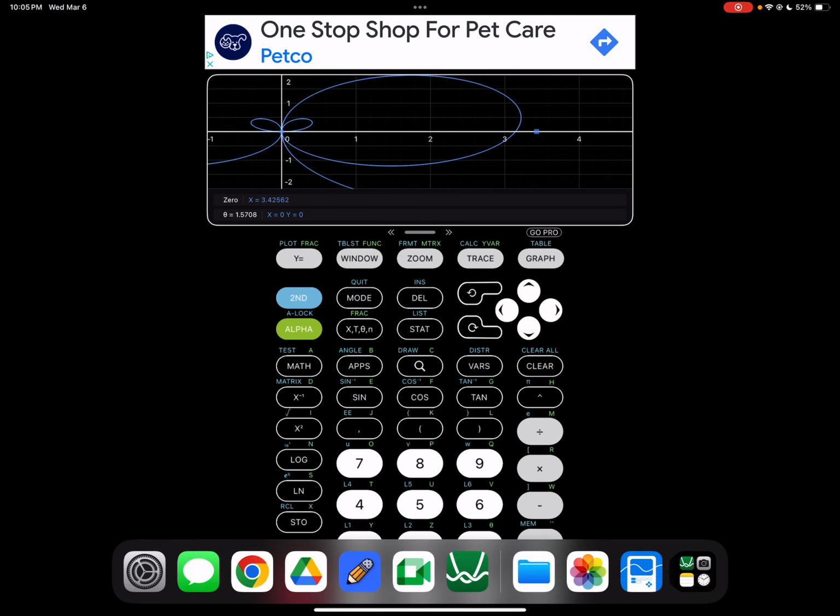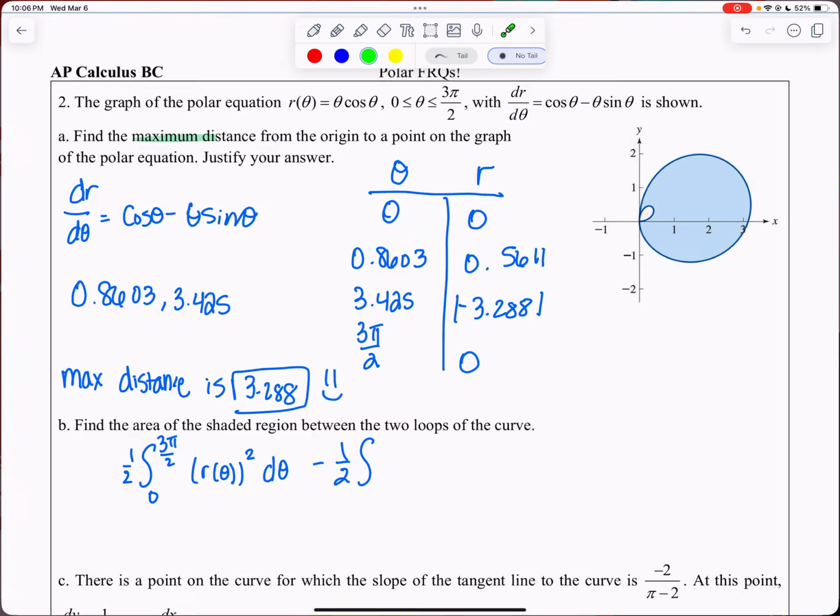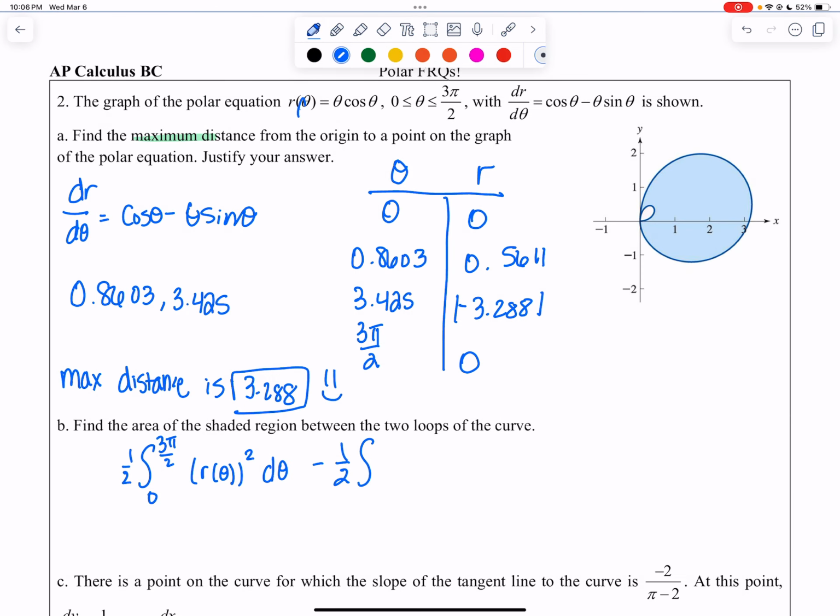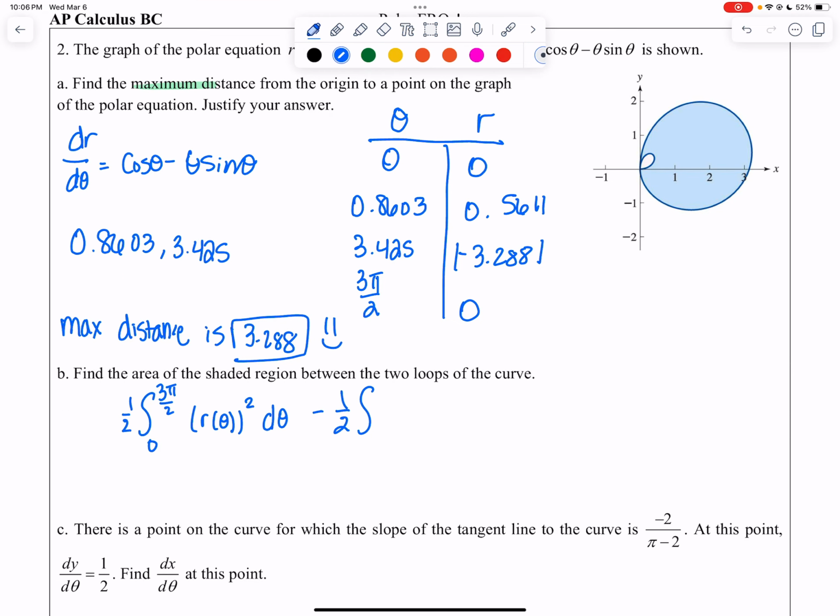Another way that you could do this is obviously set r of theta equal to 0 and solve that. But I didn't do that. I just used the calculator to figure out my loop here. So that is from 0 to pi over 2 of r of theta squared d theta.